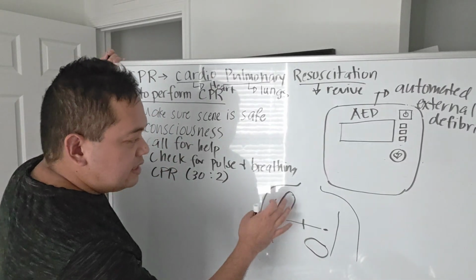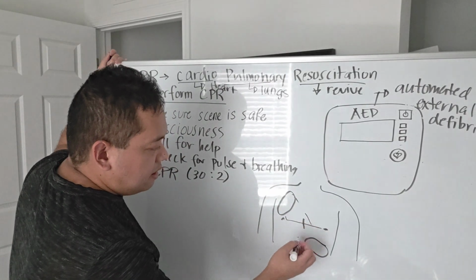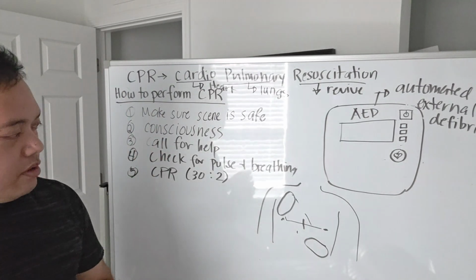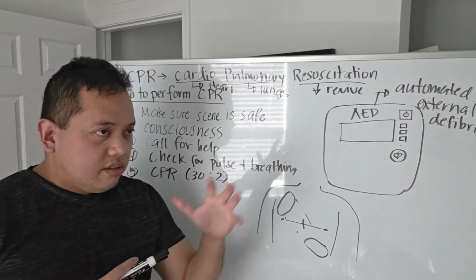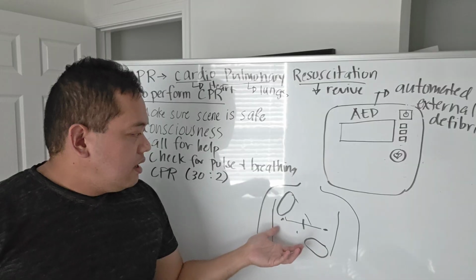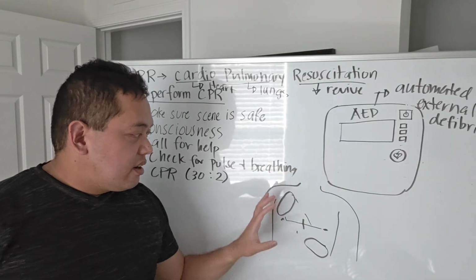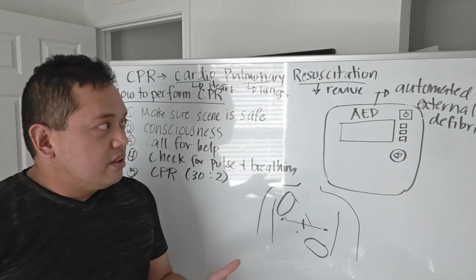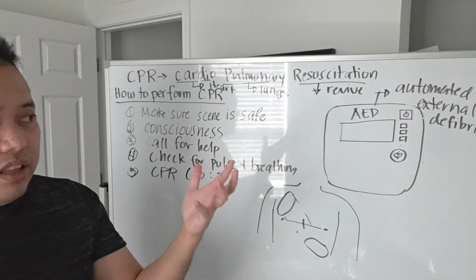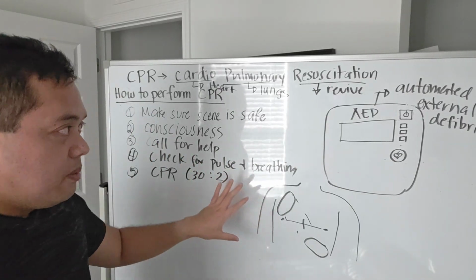It needs to be diagonal so that the current goes through the heart and makes sure it works properly. And then if it needs to deliver a shock, it can actually fix the problem.